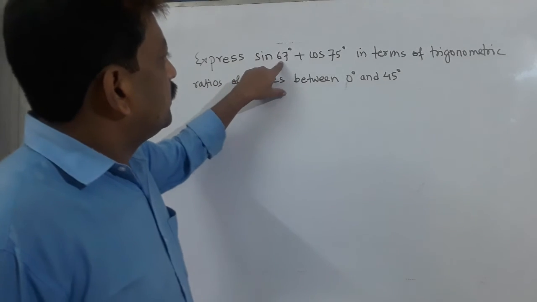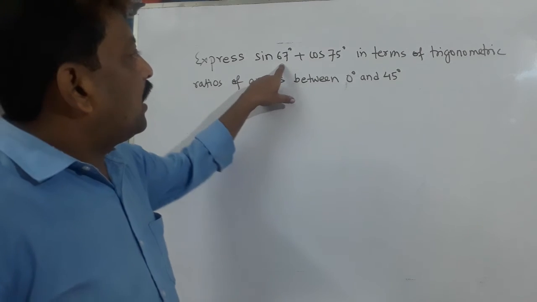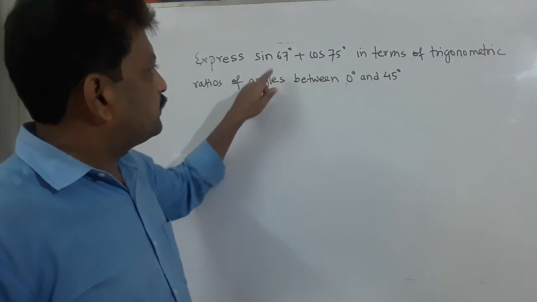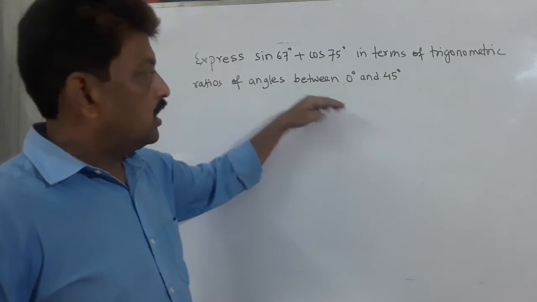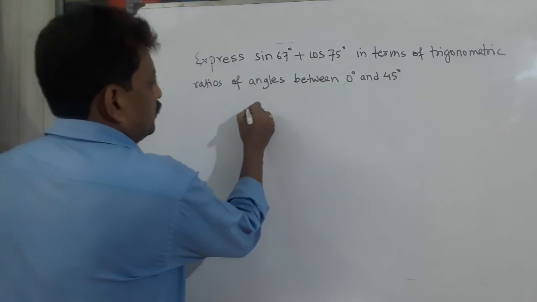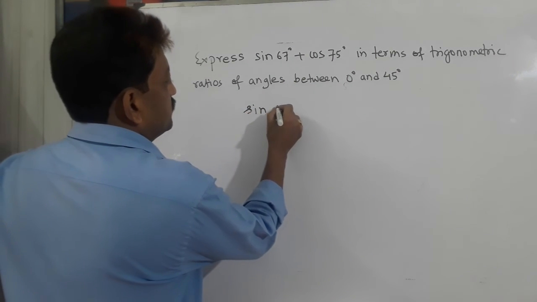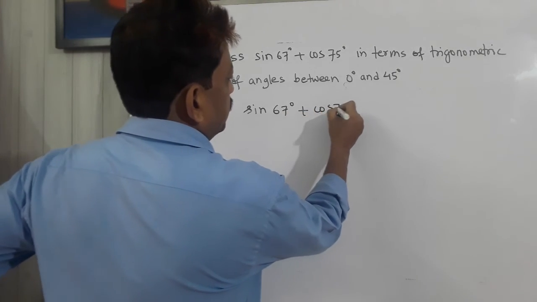So here the trigonometric ratios are of the angles 67 degrees and 75 degrees, but we have to express them as angles between 0 degrees and 45 degrees. Okay, so what we can do, just apply the formula of complementary angles. Sin 67 degrees plus cos 75 degrees.